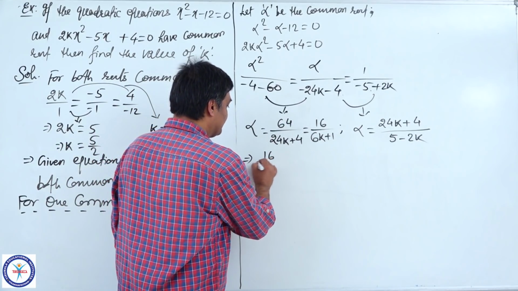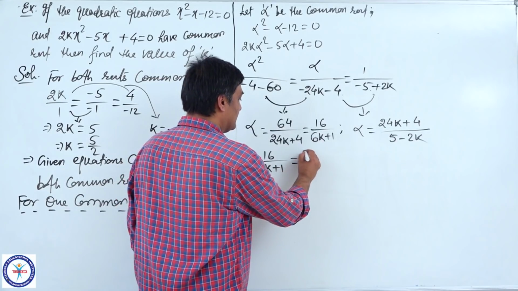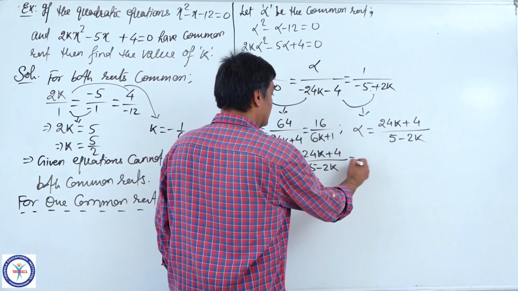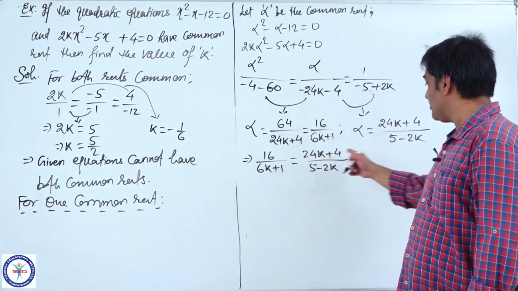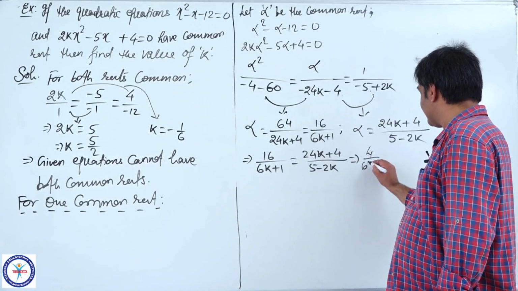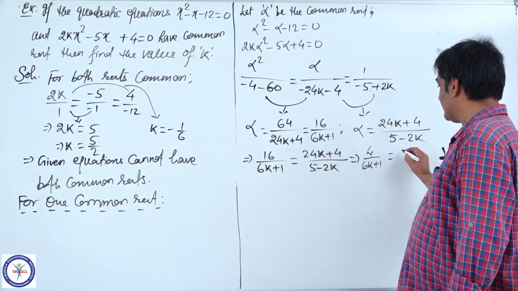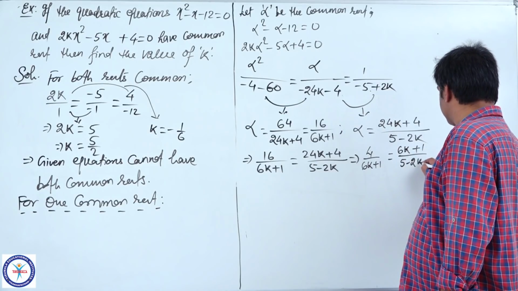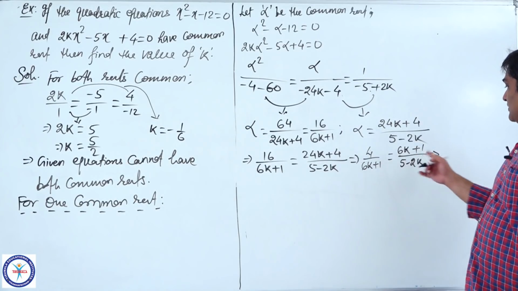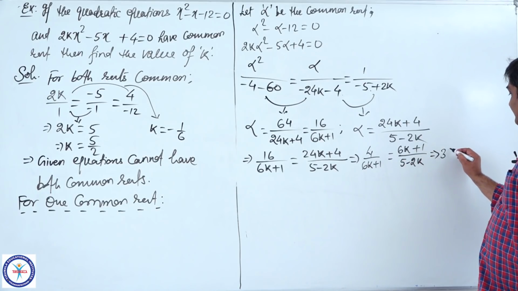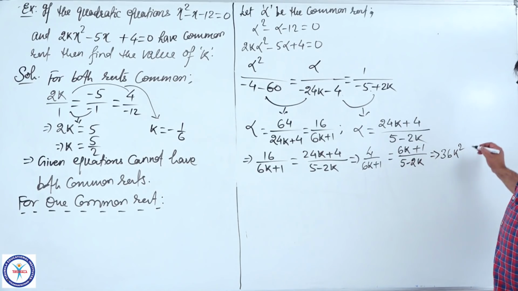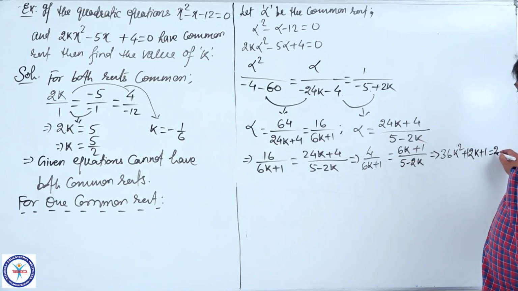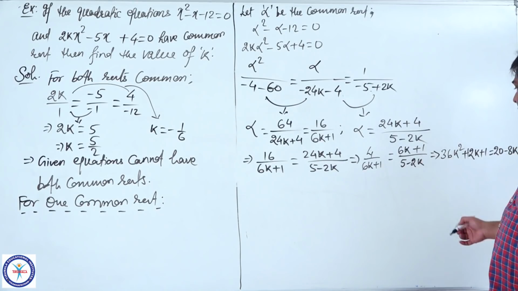So we have 16 by 6k plus 1 is equal to 24k plus 4 by 5 minus 2k. This implies we can divide by 4 on both sides. 4 by 6k plus 1 is equal to 6k plus 1 by 5 minus 2k. Now, here 36k square plus 12k plus 1 is equal to 20 minus 8k.